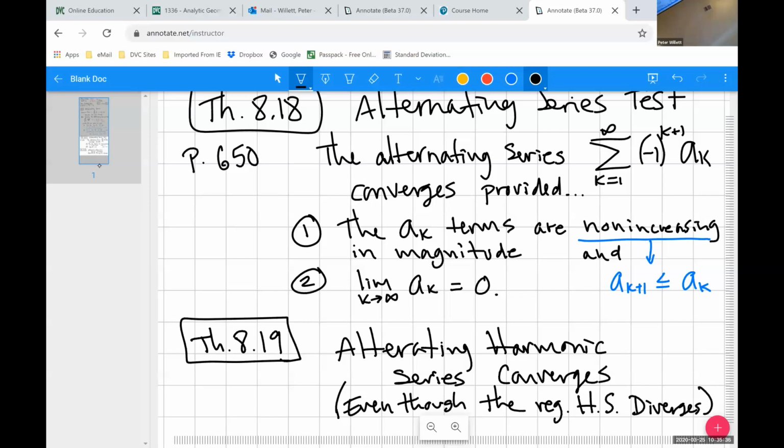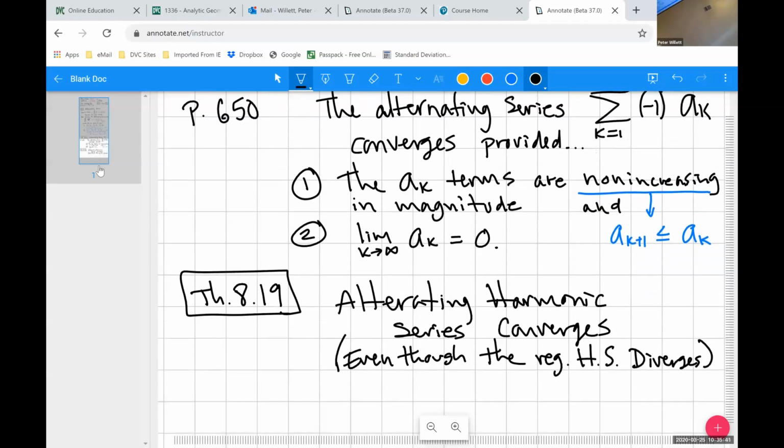So this sort of fact is kind of crucial, so that's why they even pointed out in a theorem. Like before, we had a theorem that told us that the harmonic series diverged.